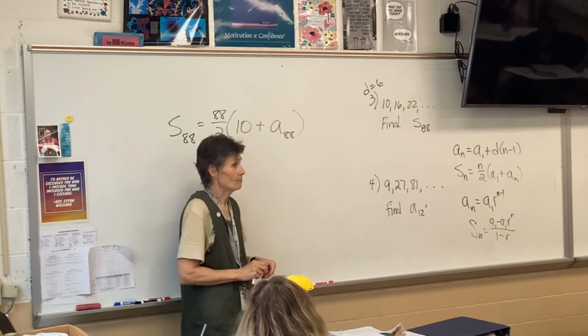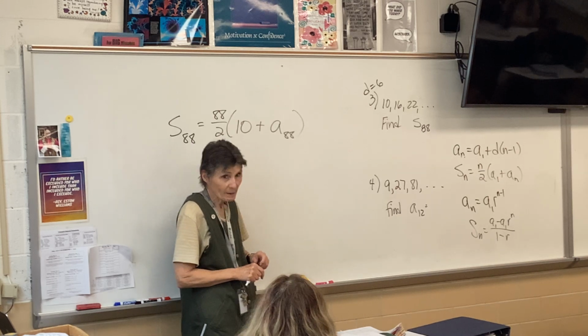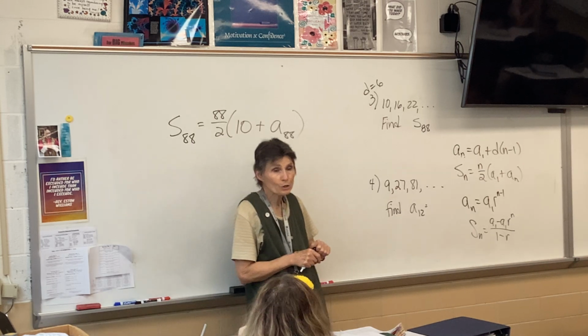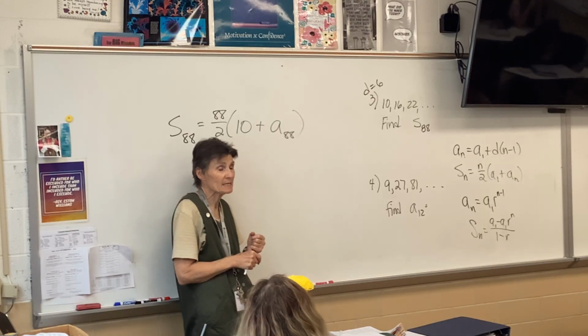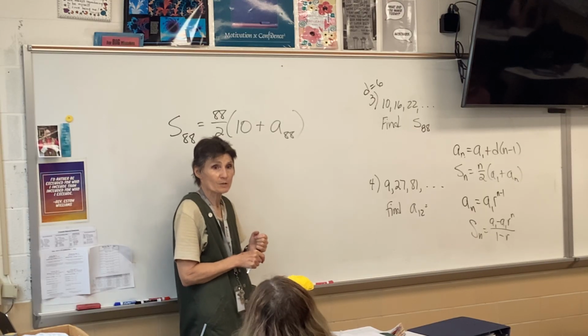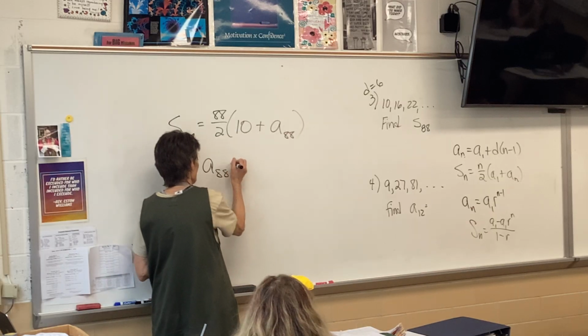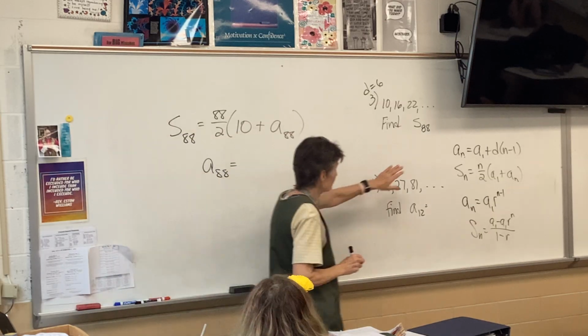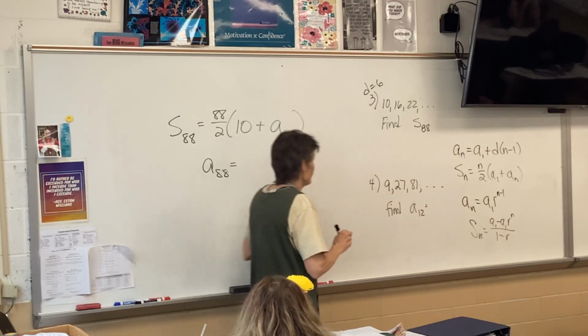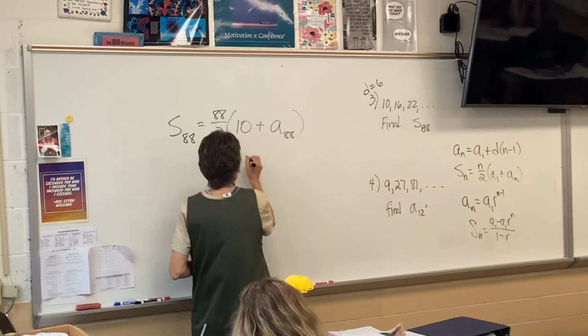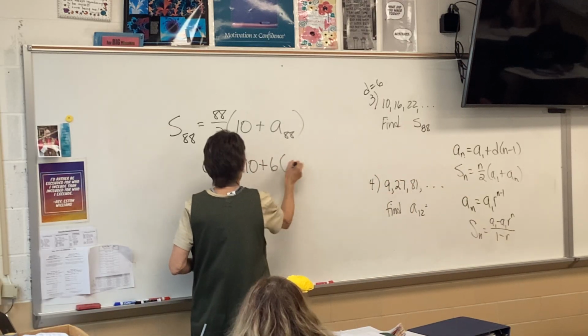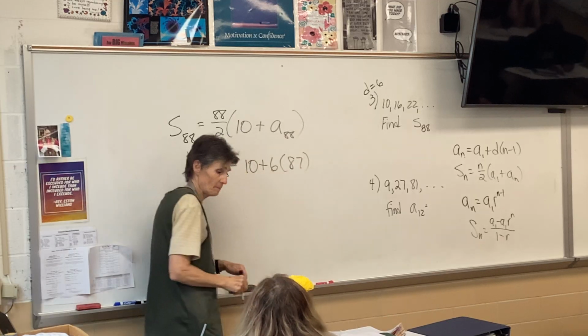Do I know that? So we talked about this. What do I do when I don't have something I need? I use the other formula. I find A sub 88. So A sub 88, still arithmetic, so I'm still using my arithmetic formula, equals the first term plus the difference times 87.